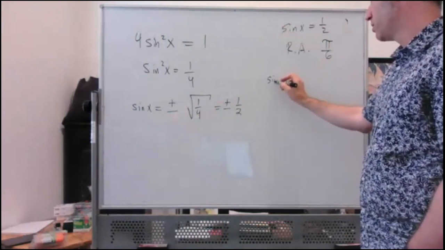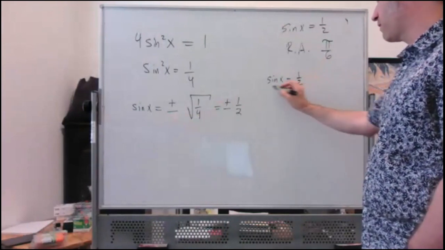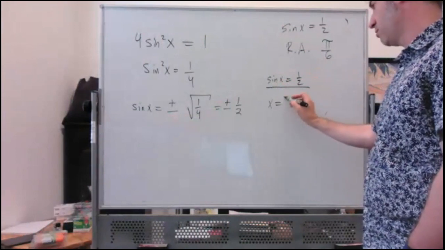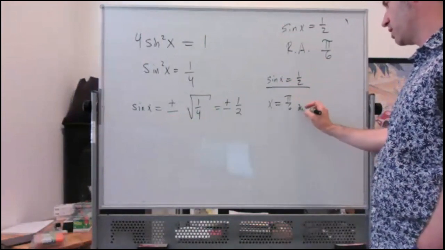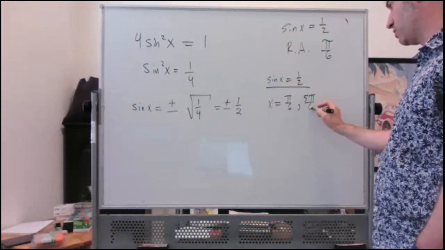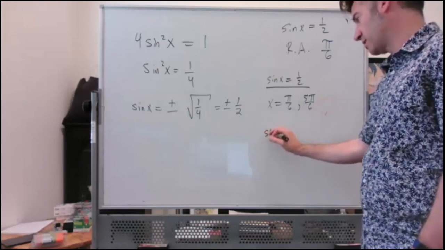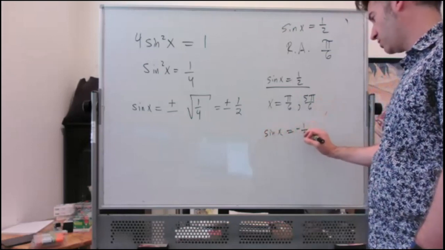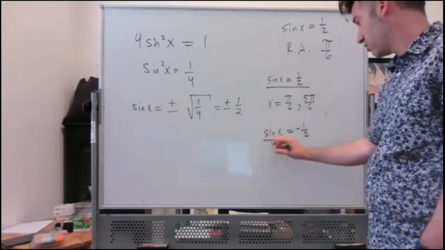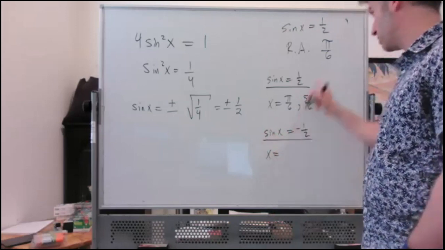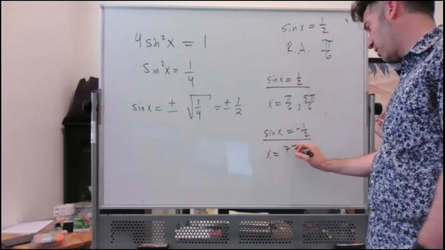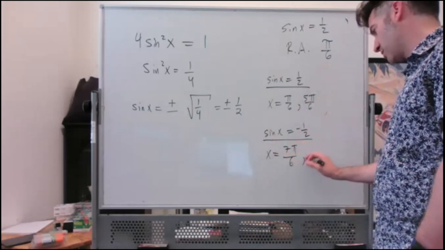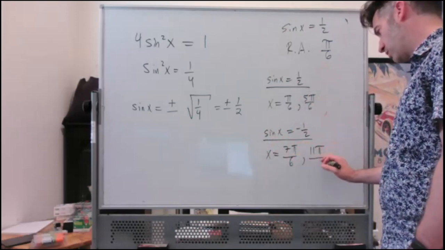So for sine x equal to 1/2, my answers are going to be pi over 6 in quadrant 1 and 5 pi over 6 in quadrant 2. For sine of x equal to negative 1/2, which is also perfectly valid here, I want angles with this reference angle in quadrant 3, which is 7 pi over 6, and quadrant 4, which is 11 pi over 6.